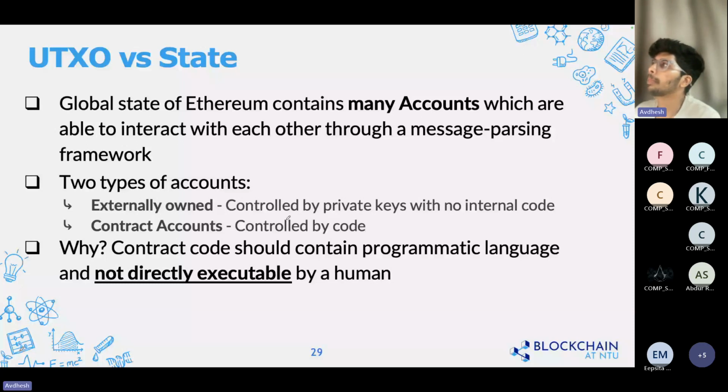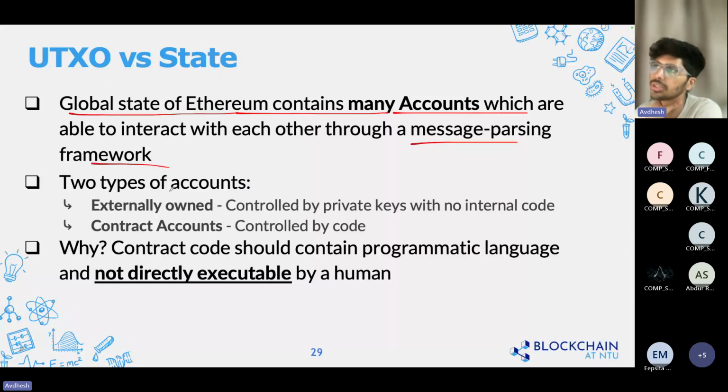So the global state of Ethereum contains many accounts which are able to interact with each other through a message passing framework. You can check this out later. I won't go into this, but this is mainly the main characteristic of Ethereum. So Ethereum has externally owned accounts and contract accounts.